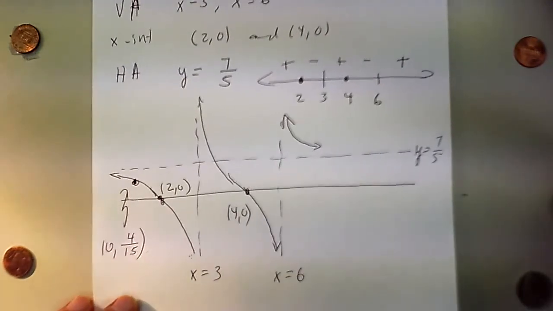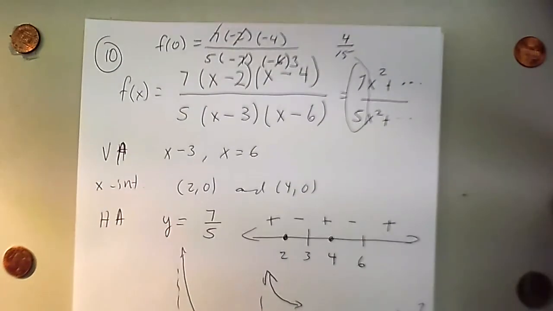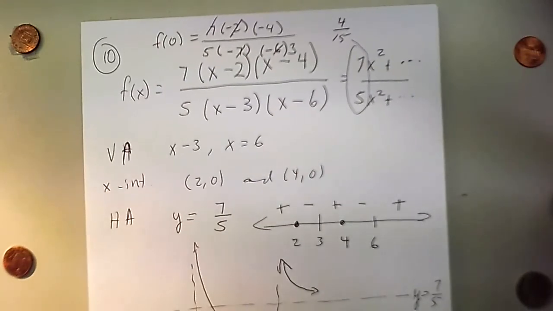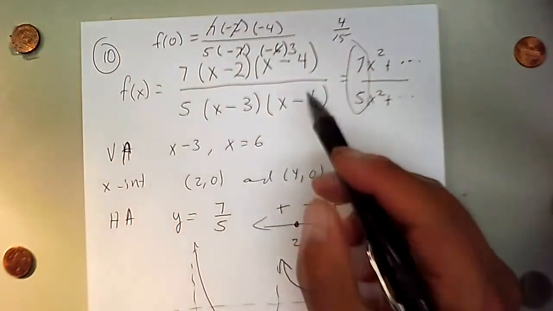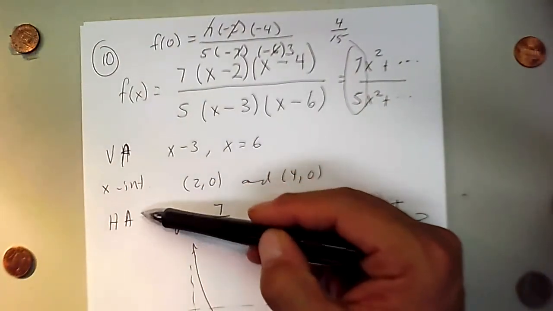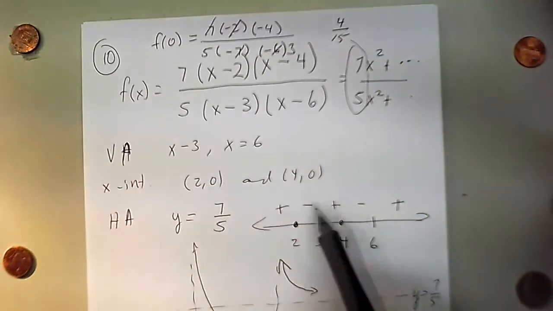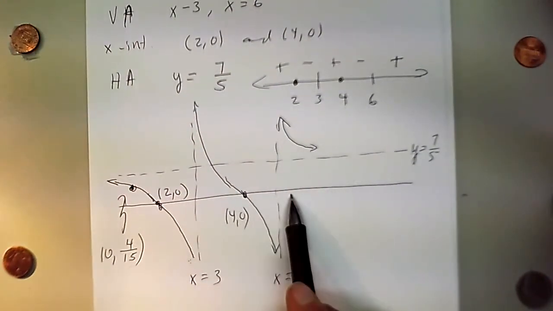Can we do more examples? Yes. This topic of rational functions is extremely rich. There's many, many, many variations. Stick to the vertical asymptotes, horizontal asymptotes, if any, x-intercepts, chart of signs, and a sketch.